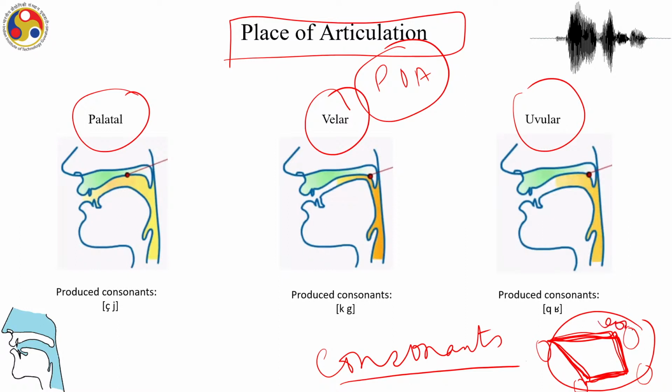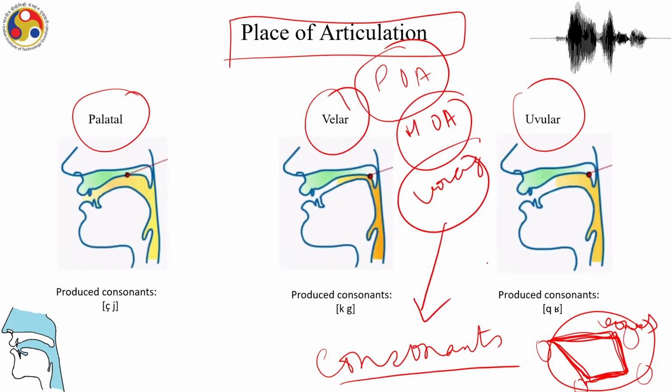So this is for vowels, and place of articulation, manner of articulation, and voicing are exclusively for consonants. Okay, so now when we're talking about consonants, we have these very important places: palatal, velar, uvular. And as you know, what is a place of articulation?